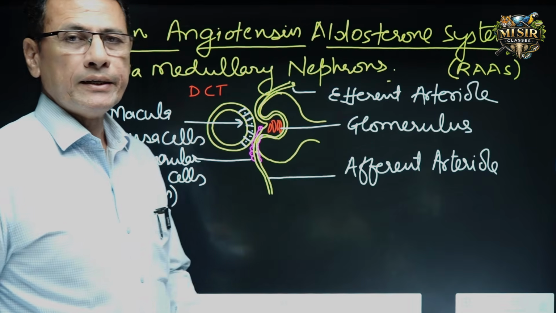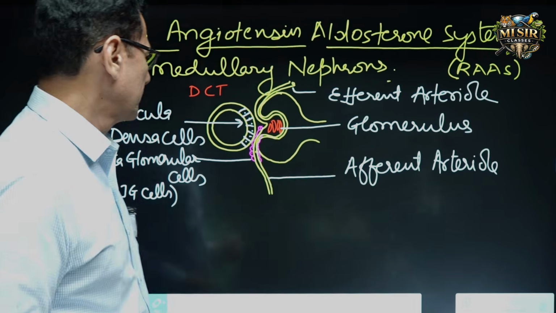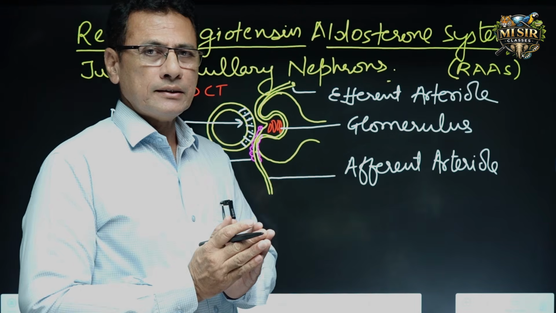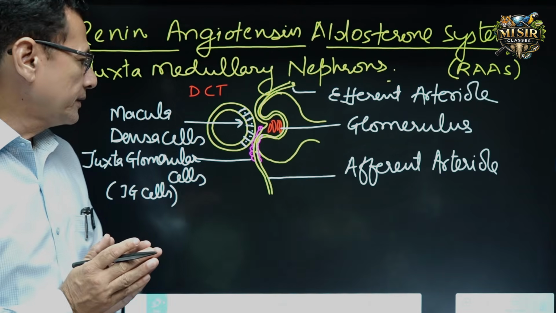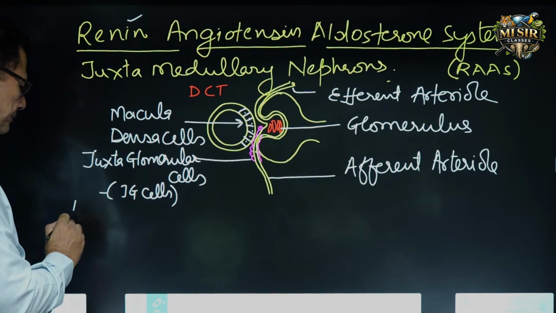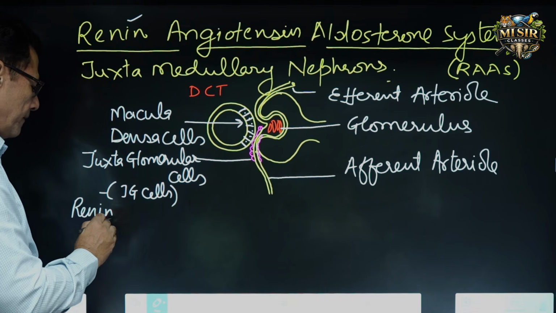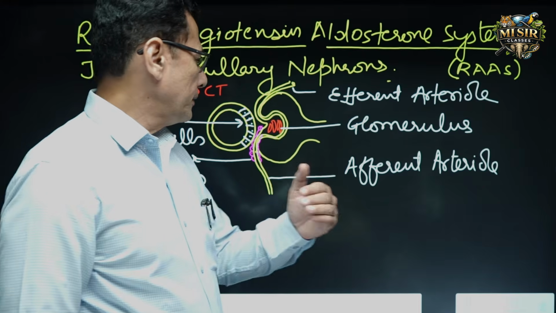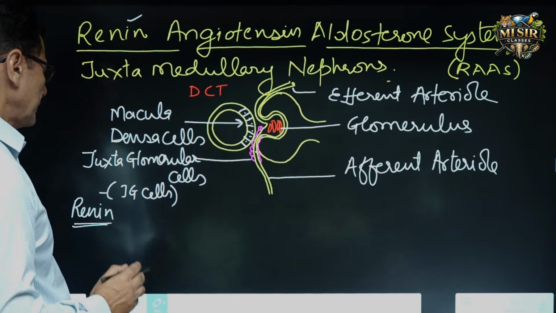These are made by modified smooth muscle cells. These cells synthesize, store and release a chemical called renin. As and when required, they release renin in the bloodstream.